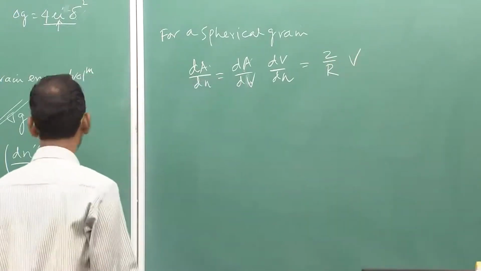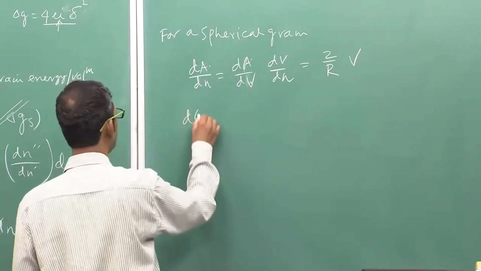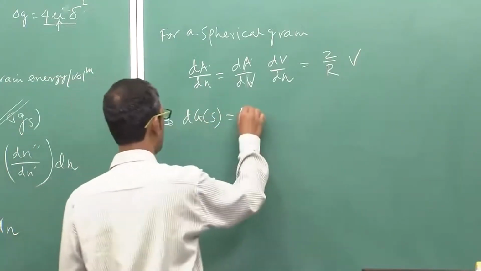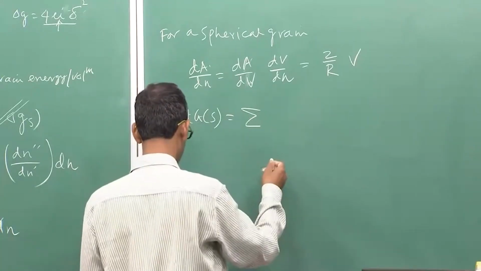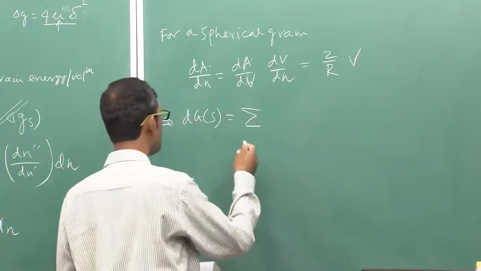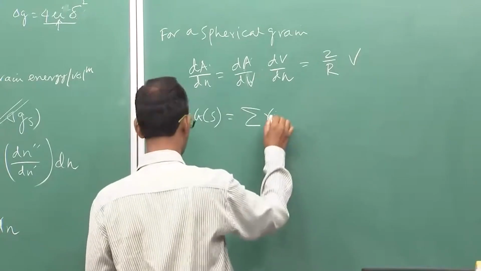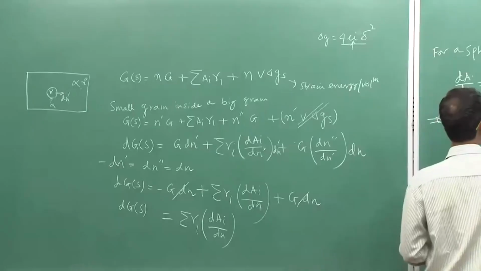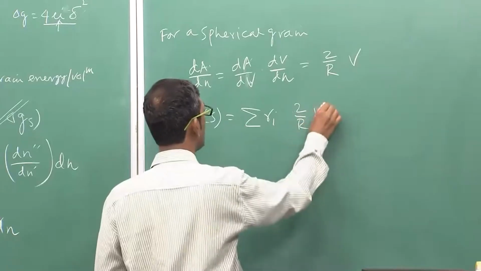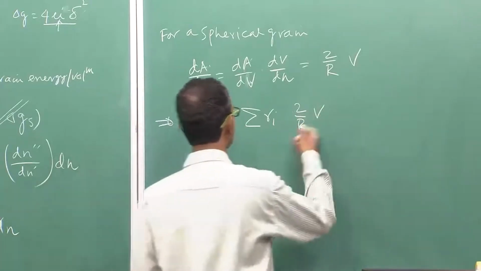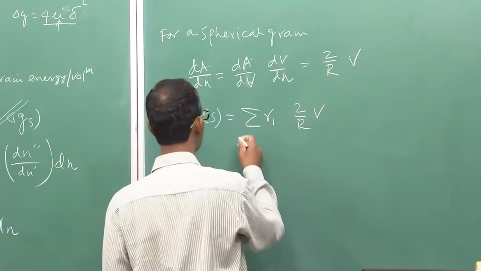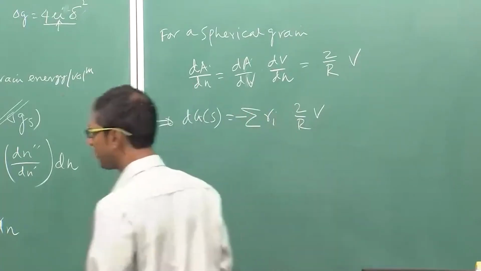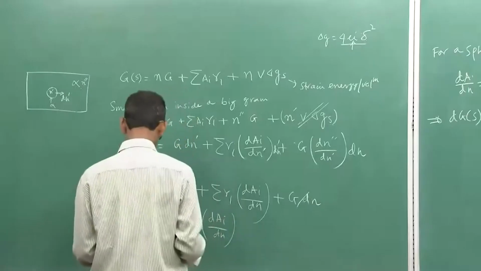Okay. So, therefore, dGs becomes sigma, and sigma will be gamma i, and this one which you have done recently, twice V by r. If gamma is only one interface, sorry, this will be minus again. Why? Because somehow we have done some mistake.